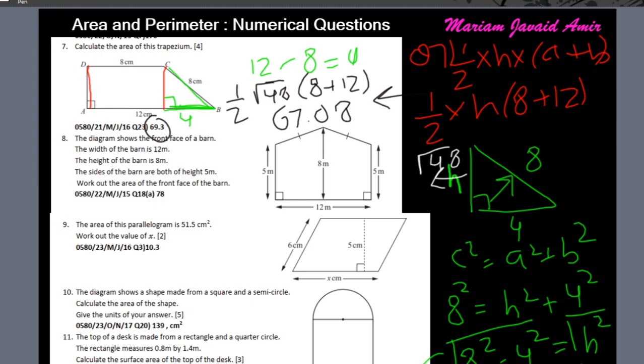So half times under root 48 times 8 plus 12 gives us the correct answer, which is 69.2820, which becomes 69.3 when rounded off to 3 significant figures, which is the same as this. Right, this is question number 7. Question number 8 now.